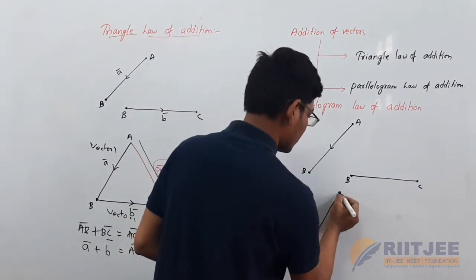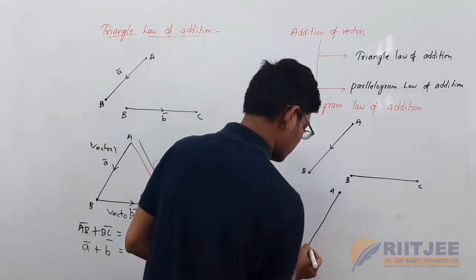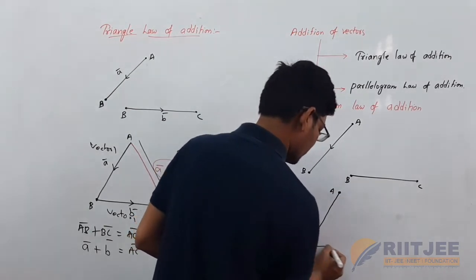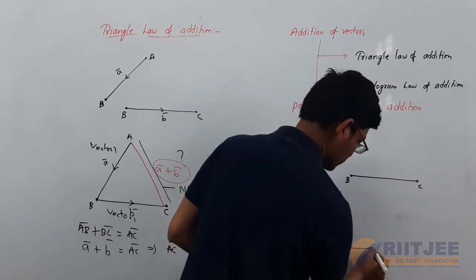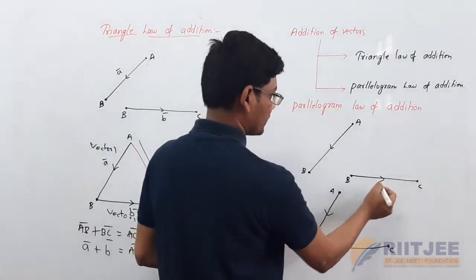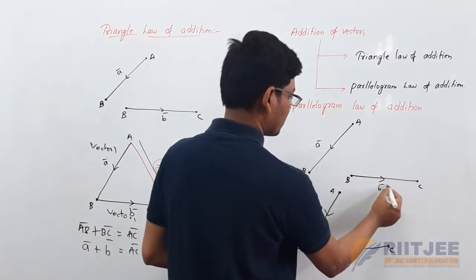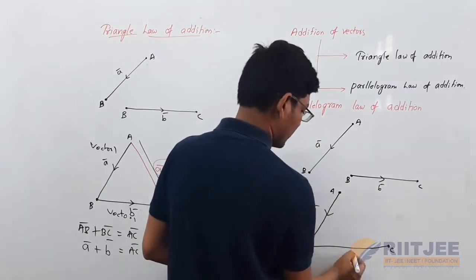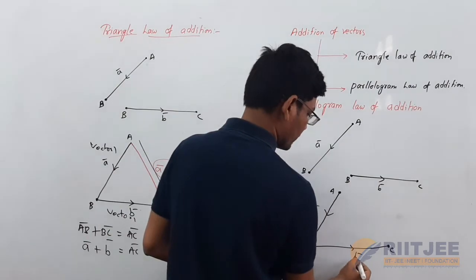This is A and this is B, and this is C. The direction of this one is A bar and this is B bar.